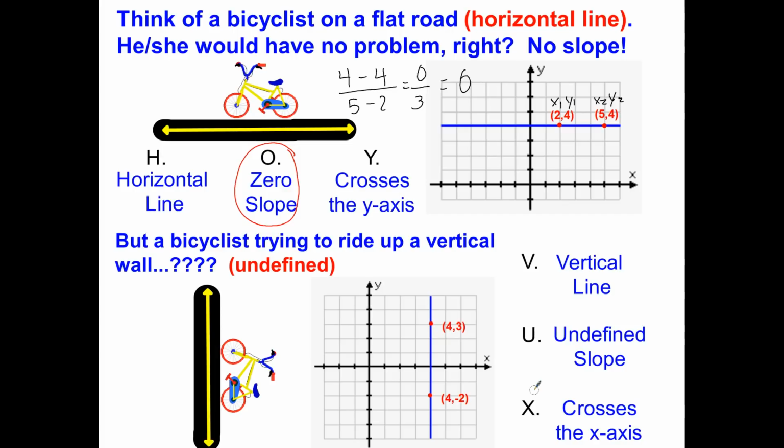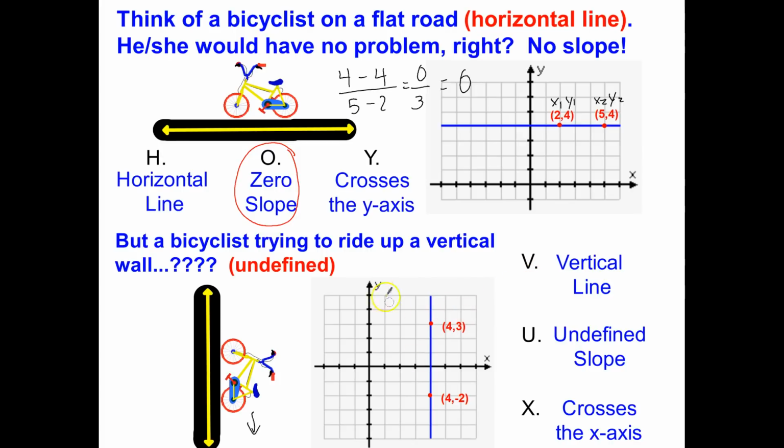But here we're not talking about superpowers. We're just talking about if you try to ride a bike up a vertical wall, it would be impossible with just this bike because gravity would be pulling you down. Since it's impossible, we call this an undefined slope.